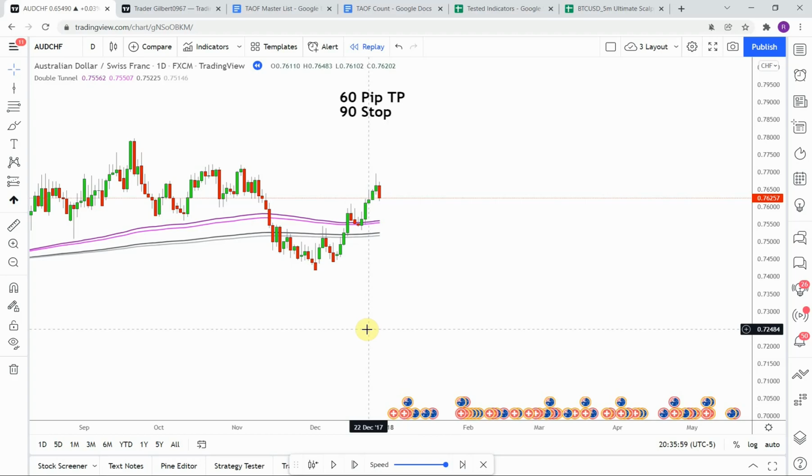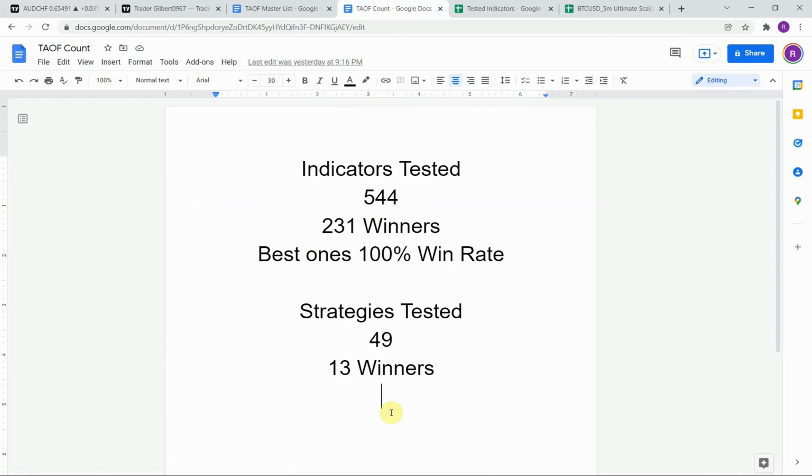Alright, as I said, today we will be testing the Vegas double tunnel indicator. Before we do though, I wanted to put the testing scoreboard up for everyone to see. So to date, we have tested a total of 49 different strategies, with 13 of them being profitable.